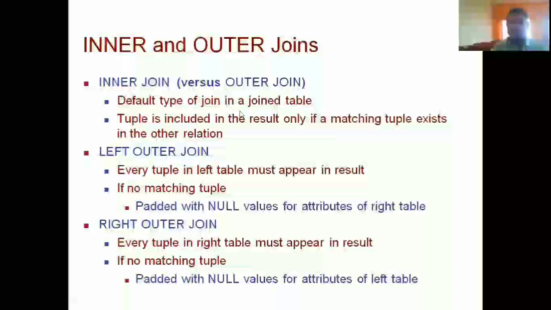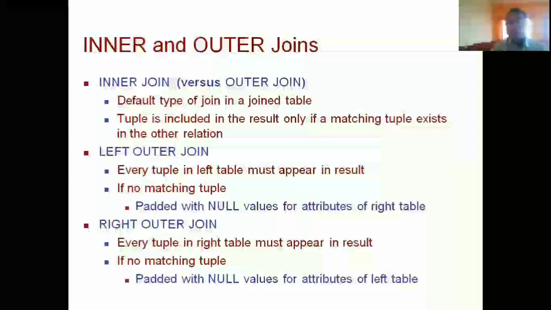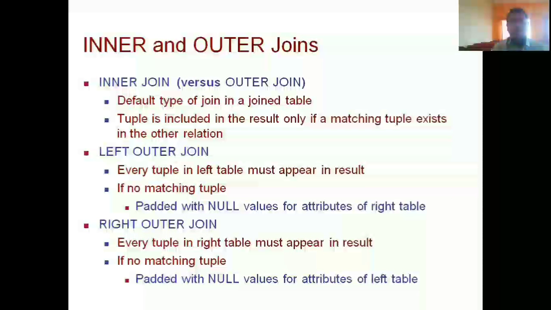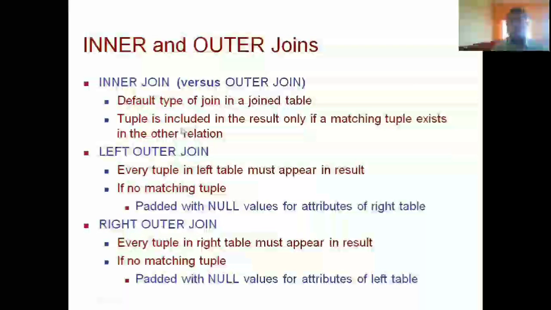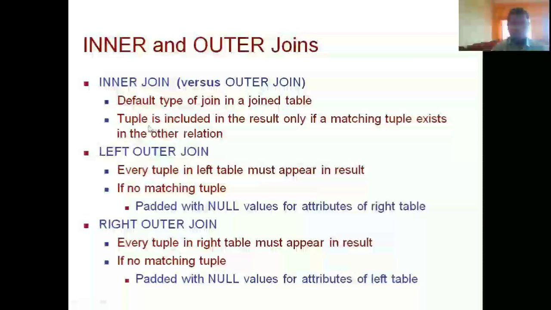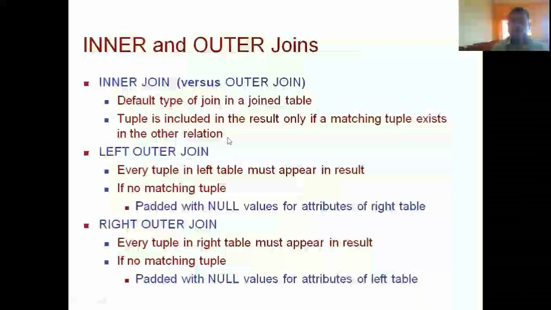By default, there are no additional attributes you have to insert, update, or modify in the relation tables. Tuples are included in the result only if matching tuples exist in the other relation. This is the most important condition. Whatever tuples and attribute names you mention should match the other table you are joining.